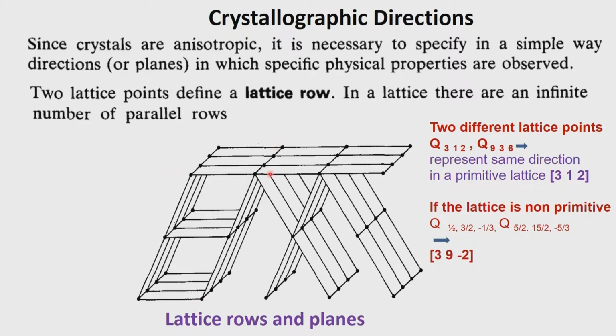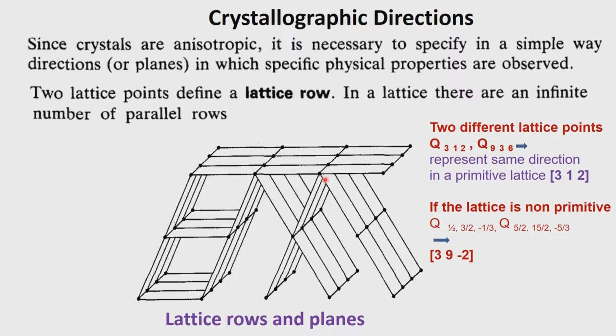So, these now define a direction from here to here. One can define a q vector. A q vector is a direction dependent vector, and in the case of 312, it can be represented within this diagram. Suppose we take something like Q936, which is far away in the unit cell.